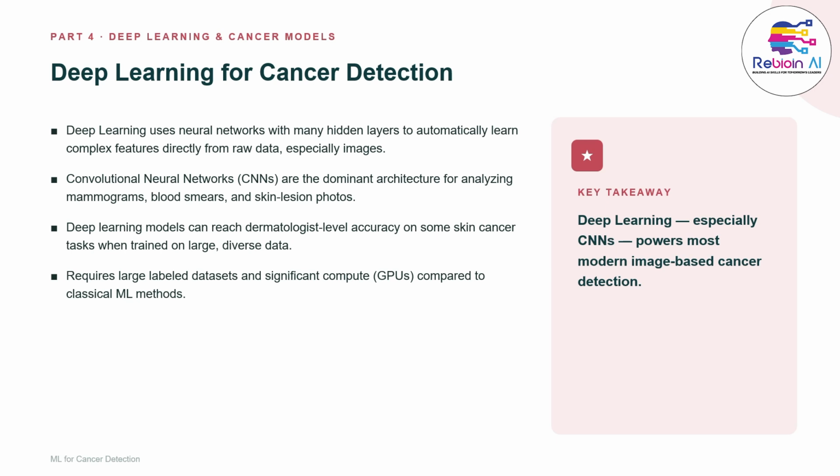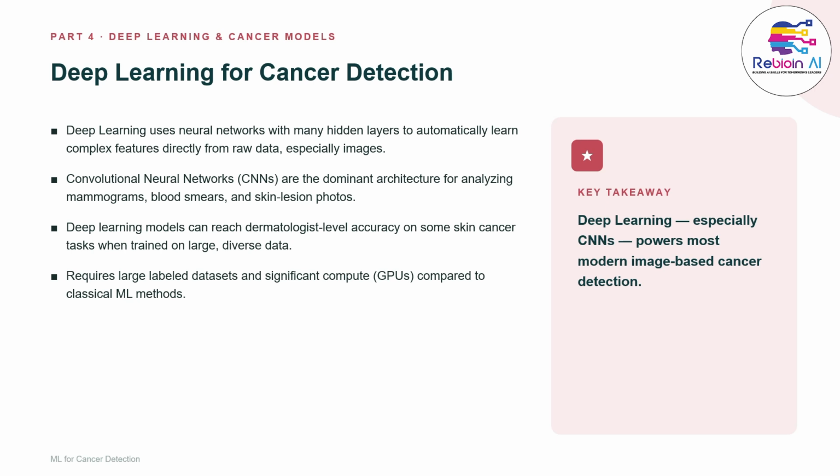In some published studies, deep learning models have matched or even exceeded dermatologist level accuracy on specific skin cancer tasks, when trained on large, high quality, diverse datasets. That's the key requirement compared to classical models. Deep learning needs a lot more labeled data and compute power, usually GPUs, to train effectively.